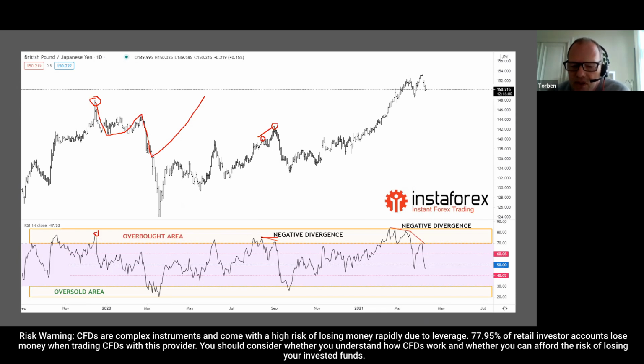What I also would like to say is, when you have seen this, if you have reacted to this, normally what you will do is you would say, okay, I have a negative divergence. I know that we possibly could be close to a top. I don't know if it is the top. I don't know if we're going to move higher from here, but what I can do is draw the trend line, and when I break that, the divergence has been confirmed, and this could be a major top, and we could see a large decline from here.